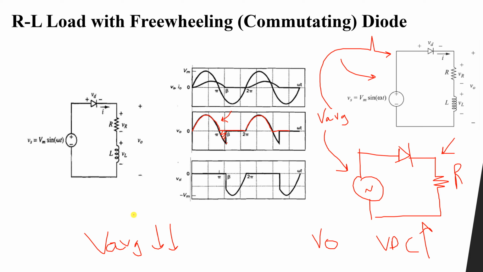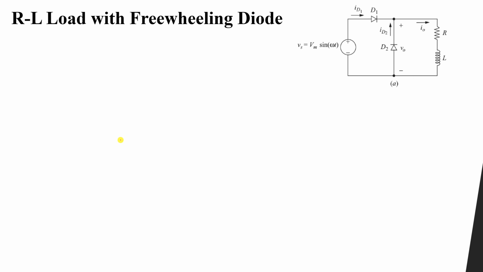So to remove this, I'm going to add another diode in parallel with the load, which is called the freewheeling diode or the commutating diode. So the circuit will be like this: V supply, D1, D2, R, and L.